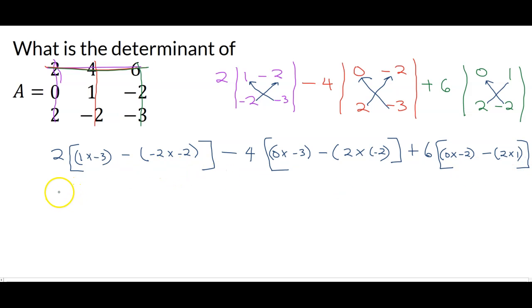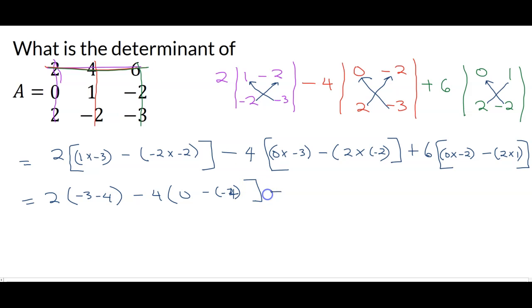So let's go ahead and simplify. We have, this is equal to 2, and then we have here -3 minus 4, minus 4 here, we have 0 minus -4.